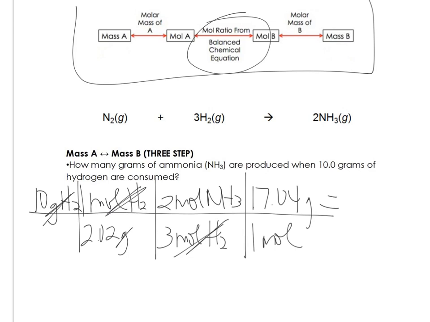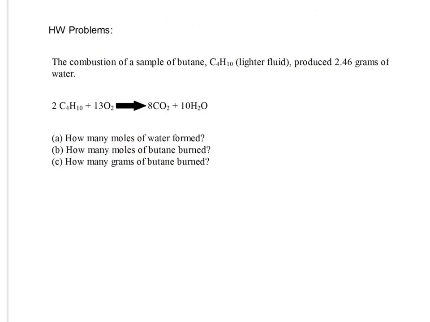And that gets me, yikes, with sig figs, I guess it'd be 60. I got 56.24. So since sig figs, yeah, I guess I'd round to 60. 60 grams of ammonia. All right, try these problems. We'll check them in class.